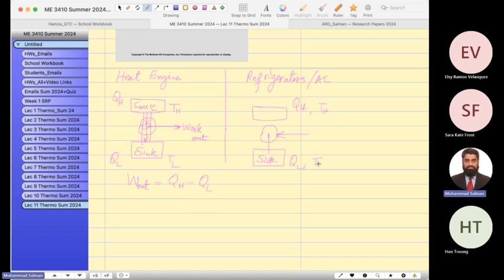We have to apply external work, like a compressor, to make the heat flow from the cold body reservoir to the hot body reservoir. The source is actually the condenser and the sink is the evaporator.